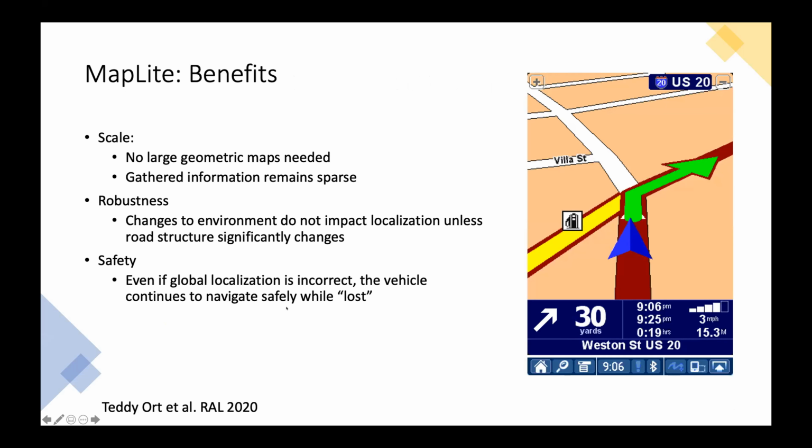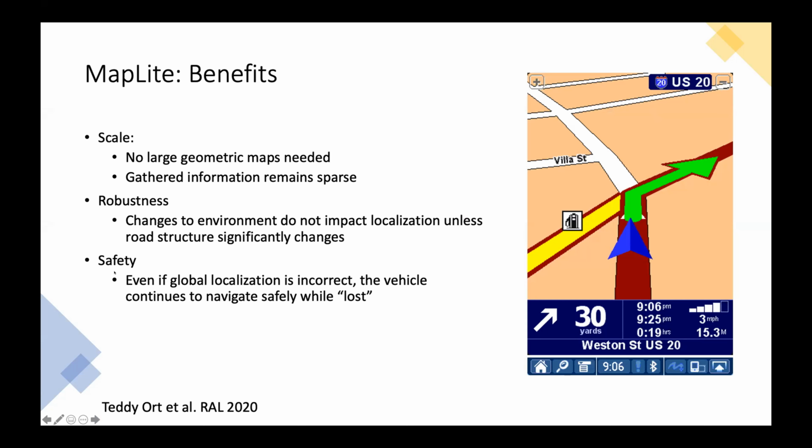So the benefits of the overall system are you don't need large scale geometric maps. You no longer need these HD maps. Since the gathered information is really sparse, you can store maps for very large geographical areas almost in memory. And it's quite robust. Unless road structure significantly changes, you do not need to update this map.